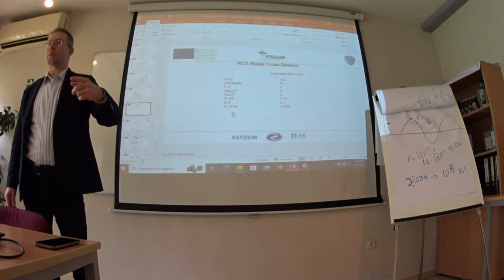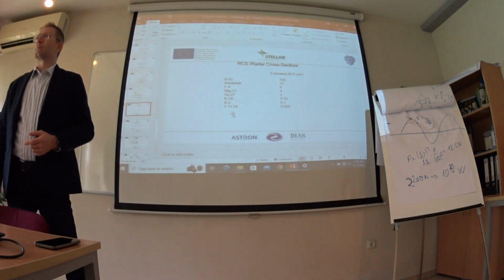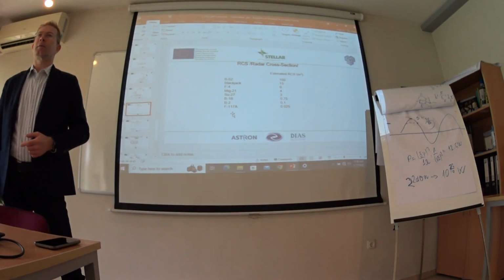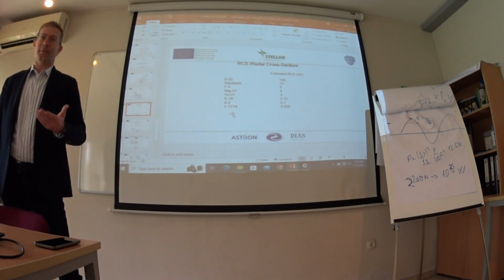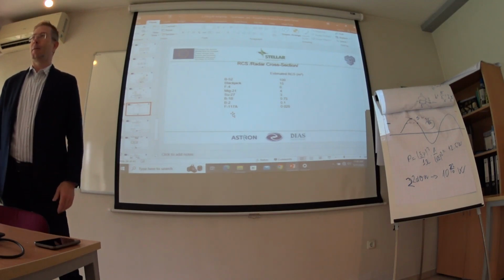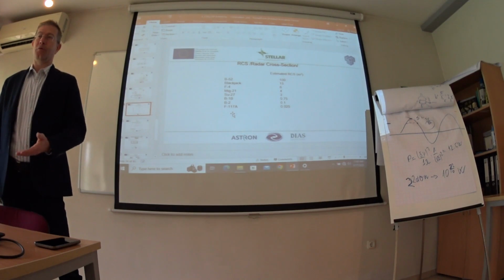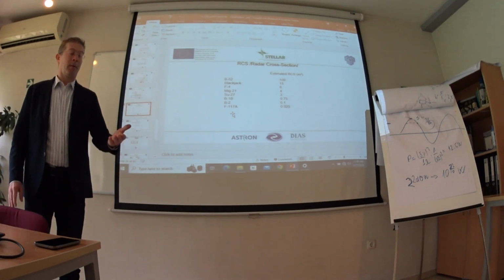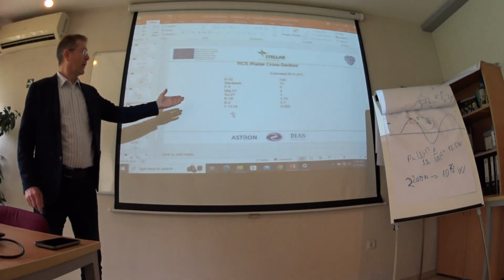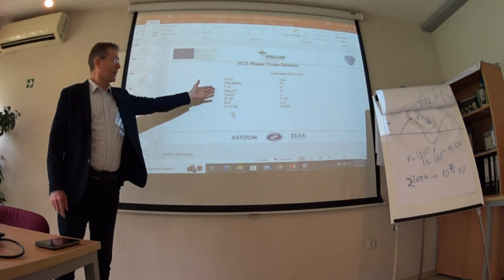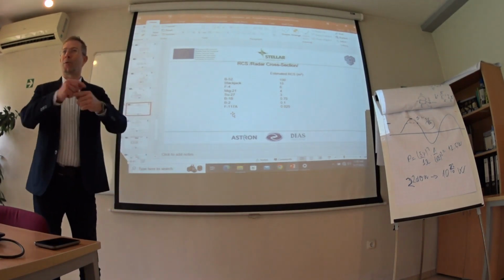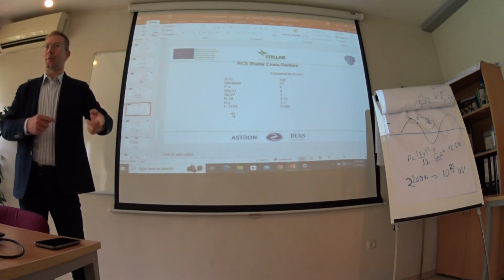A is assault something. Plane. Russians don't have such designation, so you have to know which number means what.